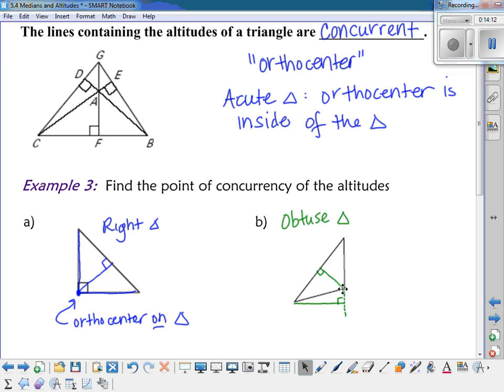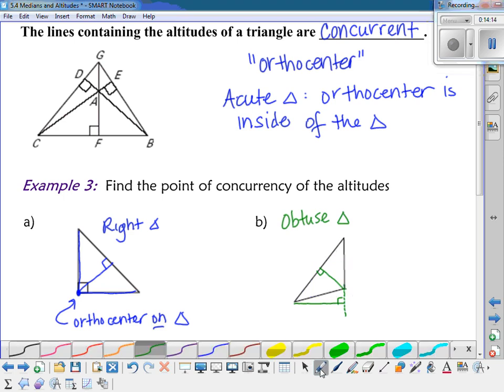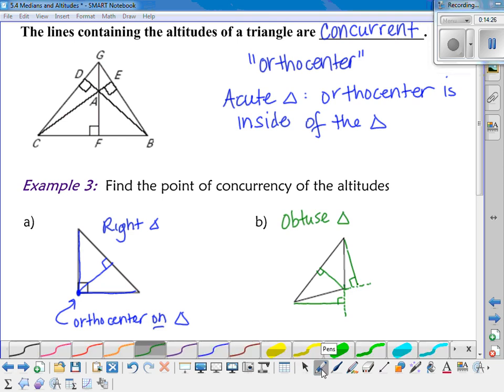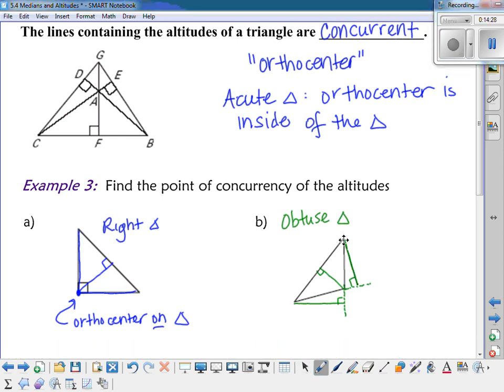And I have to extend this side also. Since my altitudes are outside of the triangle, I have to extend those lines until I find the point of concurrency. And there it is, right there. So in this case, the orthocenter is outside the triangle.